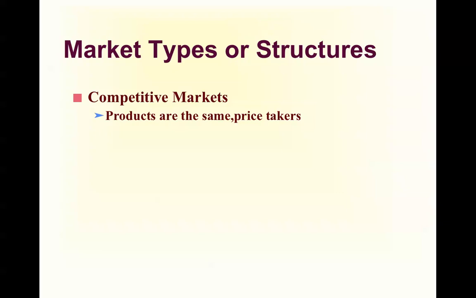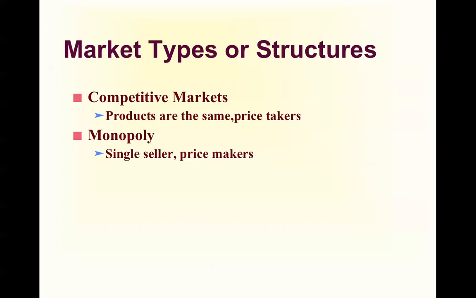These markets are structured such that the products are the same, and there are lots of buyers and lots of sellers all going after the same product, and the market is so big and the relative role of the buyers and sellers is so small that the players are what's known as price takers. They have to accept the price in the marketplace. They themselves, by their own actions, have very little influence on the market.